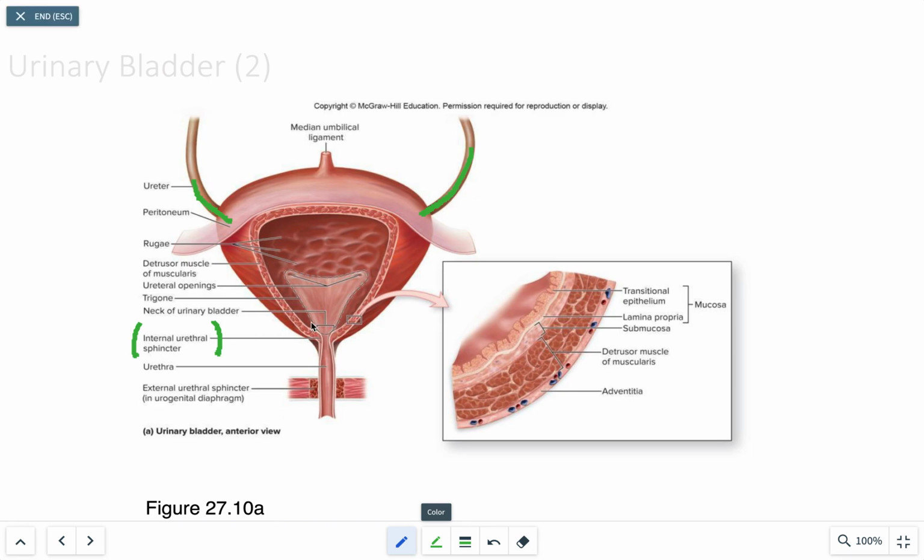Once the parasympathetic axons are triggered, it has a direct effect on the internal urethral sphincter, which then allows urine to pass. Once the urine passes through the internal urethral sphincter, it stimulates the contraction of all of the detrusor muscles located here, and that will then cause, instead of distension, the urinary bladder to contract, which continues to empty out the urinary bladder.